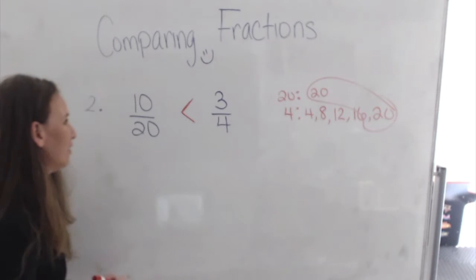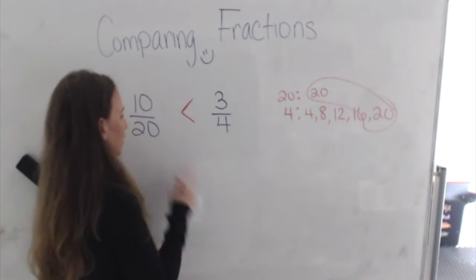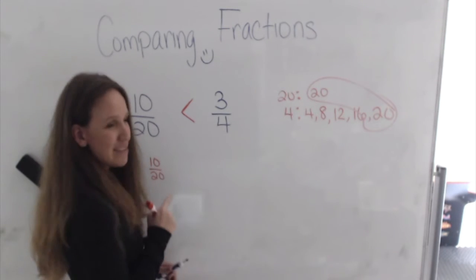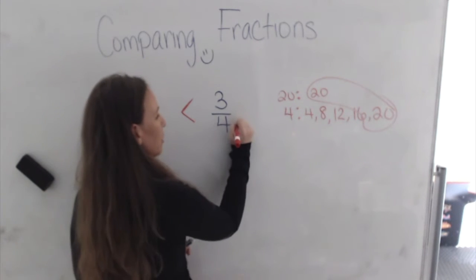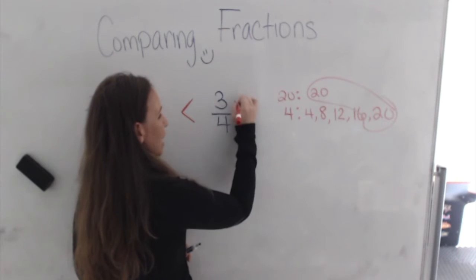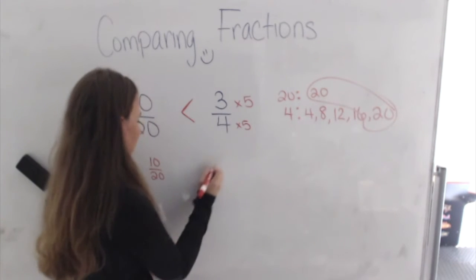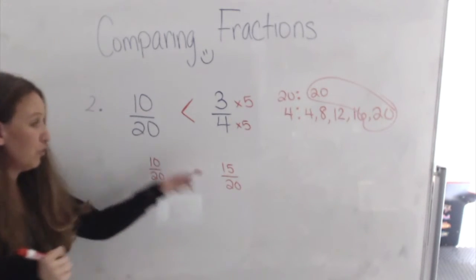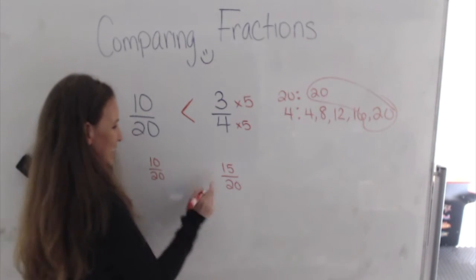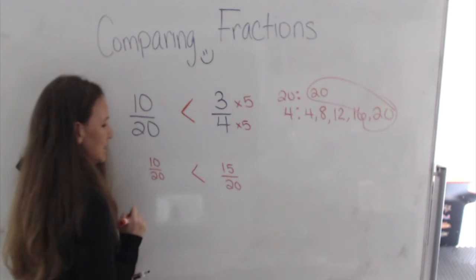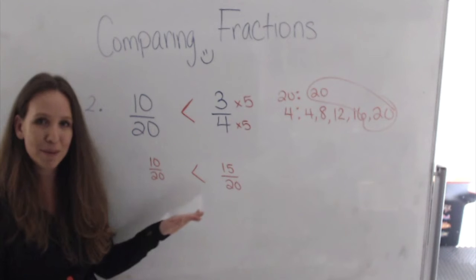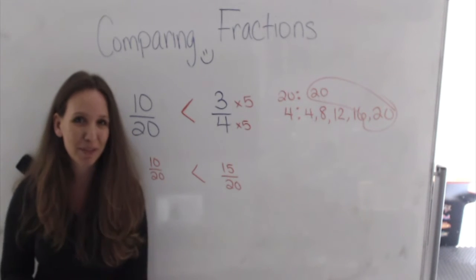They both ended up being 20. So this already had my denominator of 20, and I need to make that have a denominator of 20, so I'm going to multiply by 5 and multiply by 5, giving me 15/20. So still, I got the exact same answer, that 15 is more than 10. And if I reduced both of these problems, I promise you, you'd still end up with the exact same thing we started.